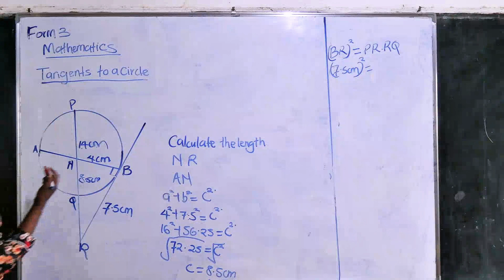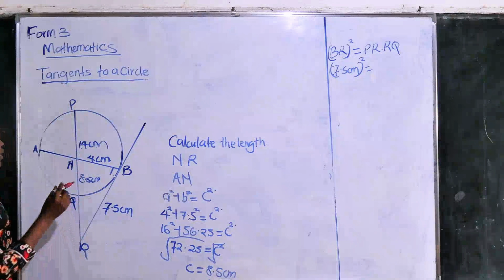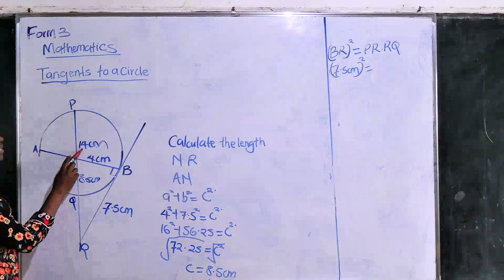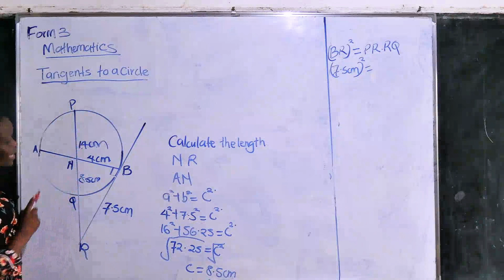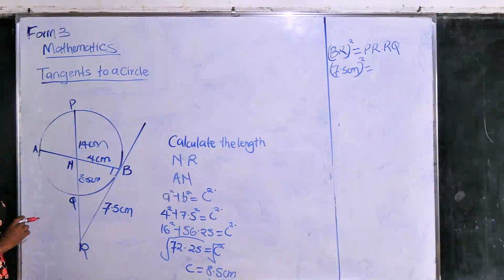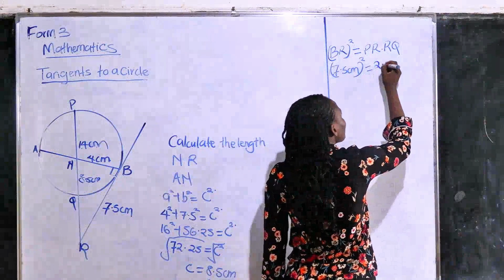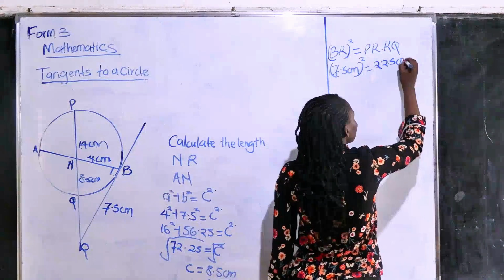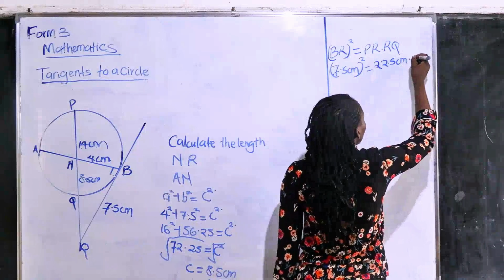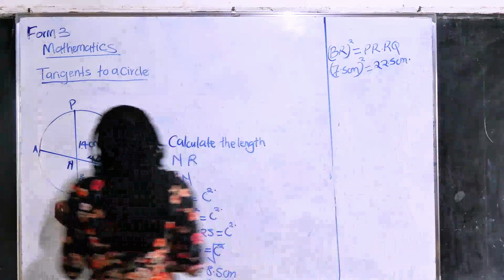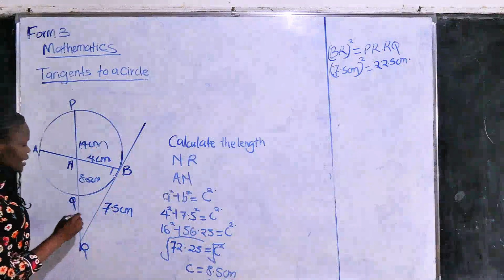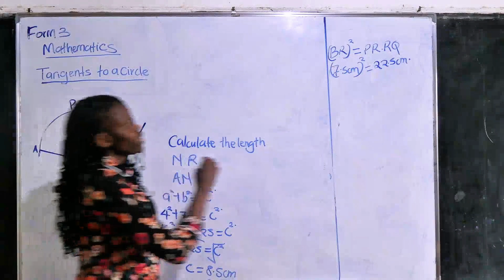From this point to this point is 14 centimeter plus 8.5, which gives us 22.5 centimeter, times RQ. Since we don't have this value, let's say it is x.